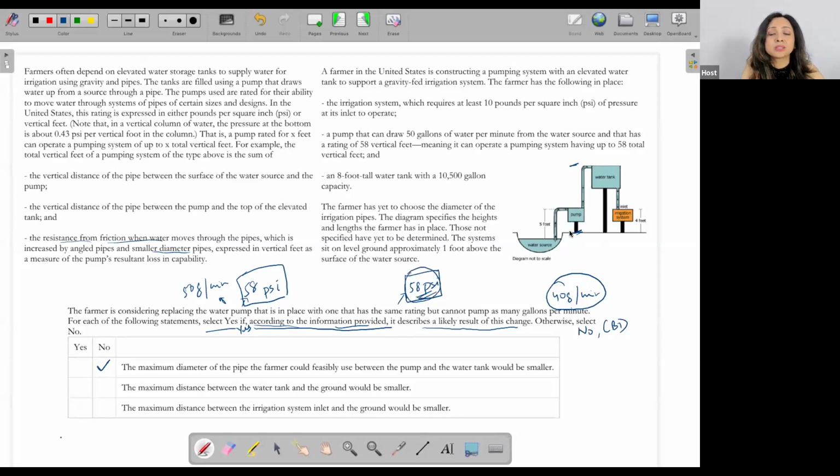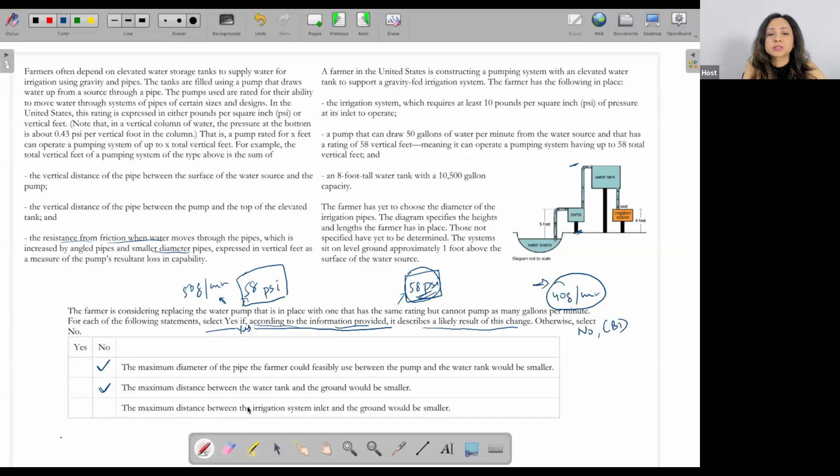We used it in the rating. We have absolutely no idea what happens when the volume of water pumped per minute is changed, whether there is any role that this particular height plays. We've not been given how to calculate it or the factors on which it depends, right? So again, my answer here will be no.